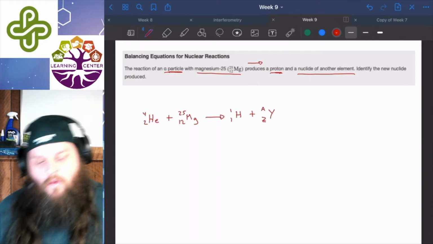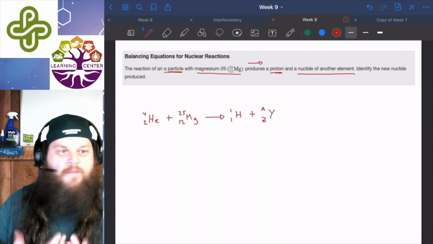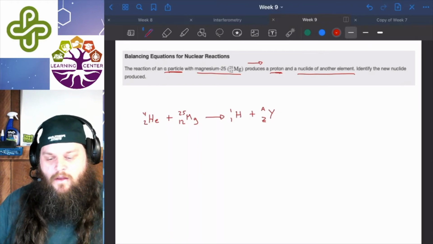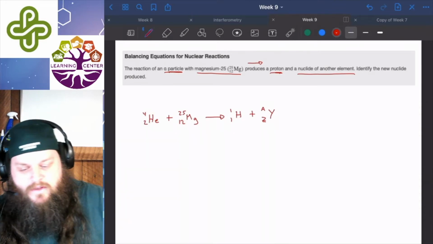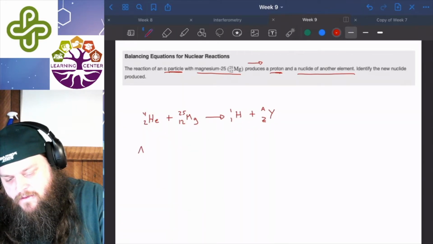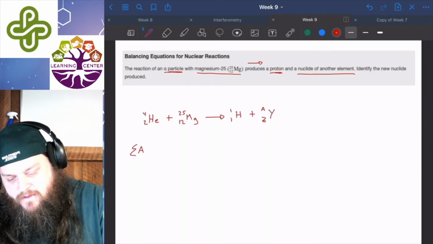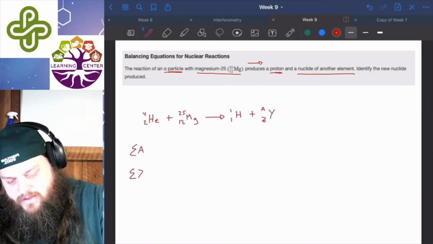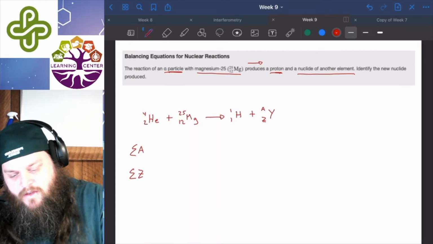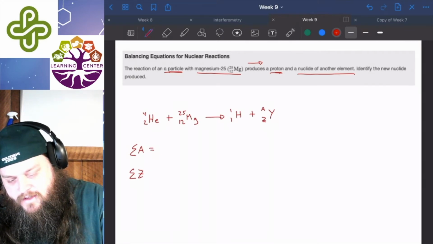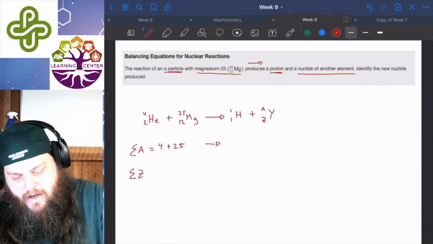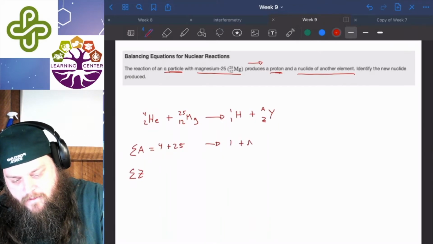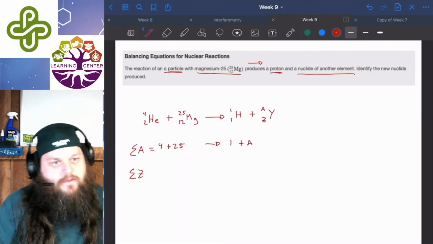But we know that we have to have that conservation of mass and that conservation of charge. So in this case, I'm going to add up the A values, do the summation of A values, and do the summation of Z values. On the left-hand side, this is going to equal 4 plus 25. On the right-hand side, that's going to equal 1 plus A. I know these have to equal each other.